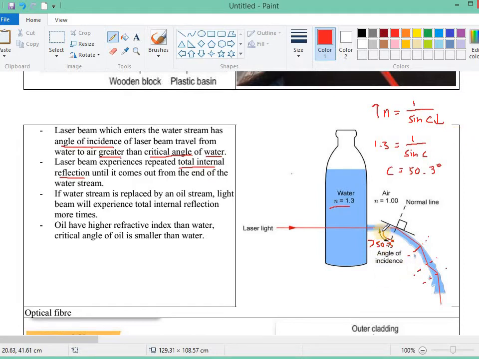So this angle doesn't need to be as big as 50.3 degrees. If it doesn't need to be bigger than 50.3 degrees, that means the total internal reflection can happen at a smaller angle. If it happens at a smaller angle, then it can reflect more number of times. Okay, get the idea.